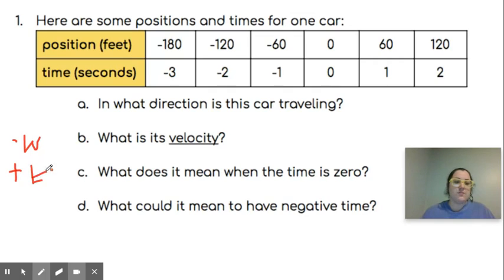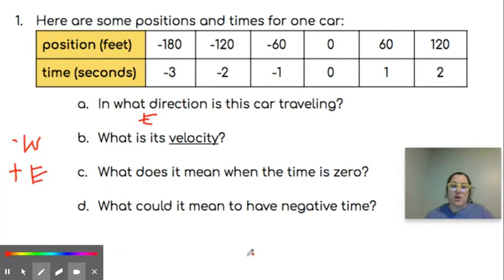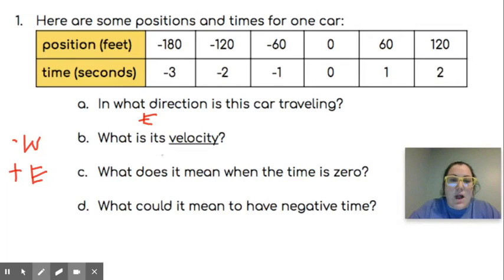So if we think in terms of this table here, okay, the person, the engineer who is standing, setting up the camera, watching as it happens. So plus 1, 2, so this is like 1 second after it passes her, 2 seconds after it passes her, it's going in the positive direction. So that must mean this car must be traveling east. What is its velocity?